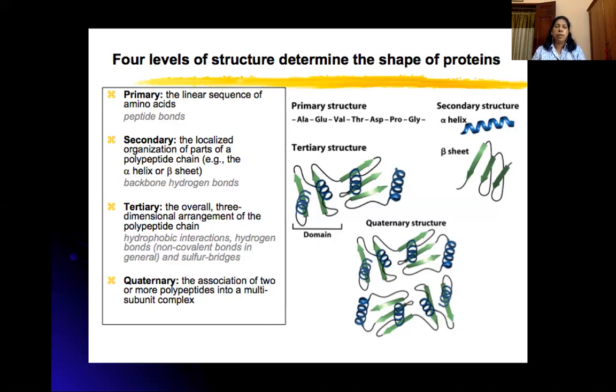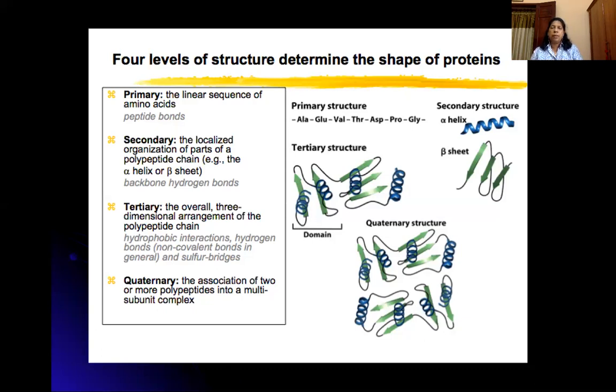When it comes to the tertiary structure, it is the overall 3-dimensional arrangement of the polypeptide chain, with hydrophobic interactions, hydrogen bonds, non-covalent bonds, and sulfur bridges. Therefore, these primary structures can be linked with other primary structures, and that is why you get the term tertiary structure.